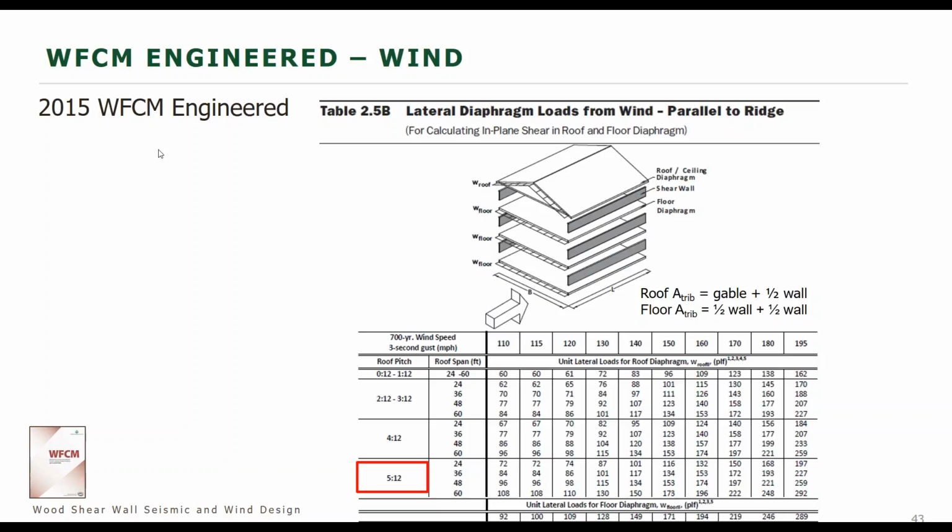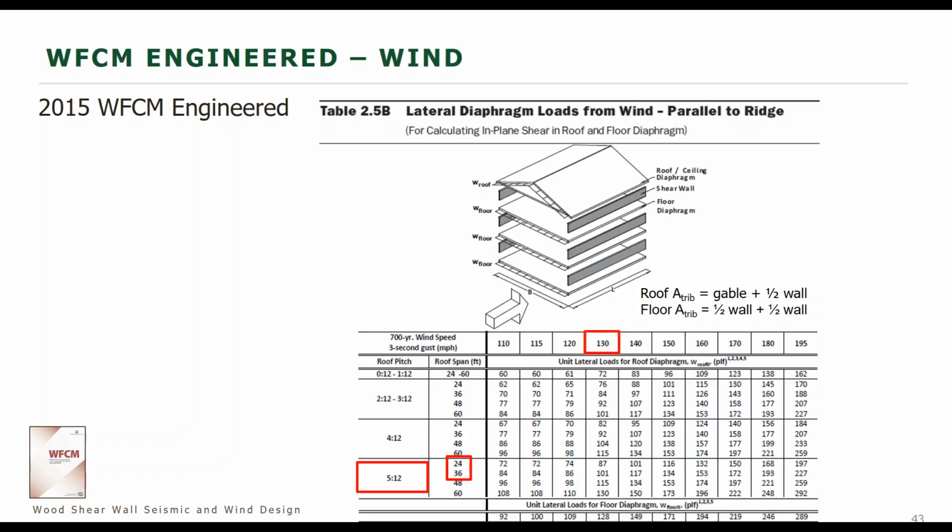Table 2.5B of the WFCM shows the lateral diaphragm loads on the roof diaphragm and the floor diaphragm. So we have a 5 in 12 roof pitch and a roof span of 30 feet. So we need to interpolate again.